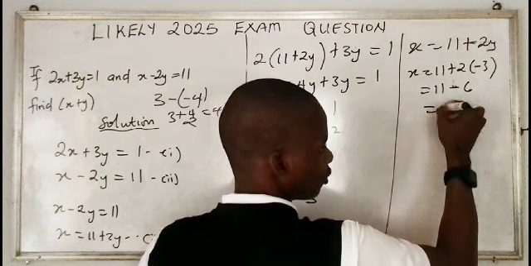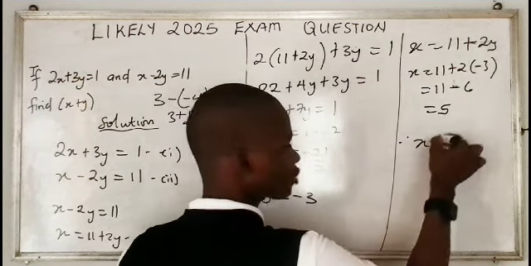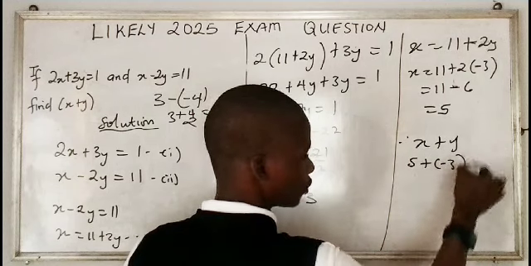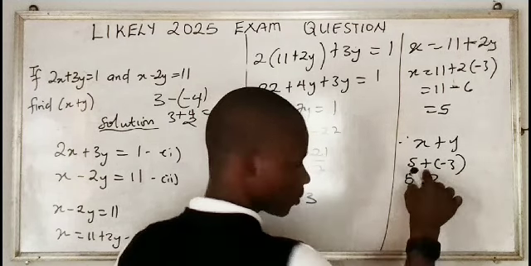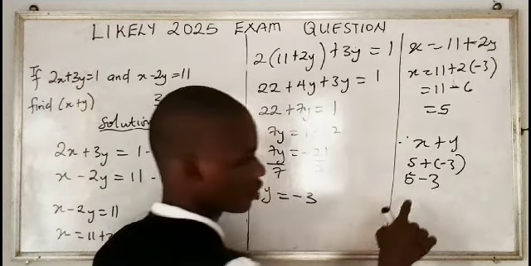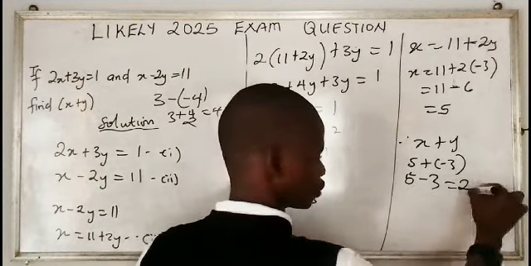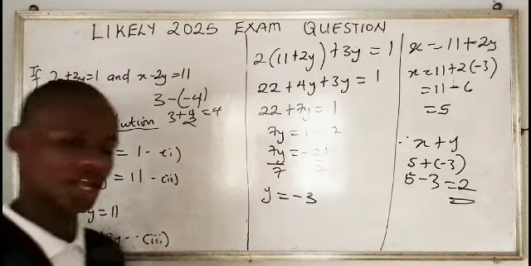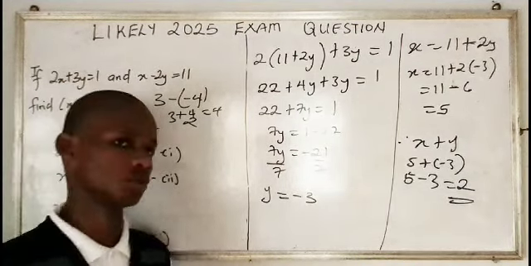So that will give me what? 5. Therefore, remember we were asked to look for x plus y. So x is what? 5. Plus y is what? Minus 3. So 5 minus 3, because plus times minus is minus. So 5 minus 3 is equal to what? 2. So this is how to resolve simultaneous equations, either with the elimination method or the substitution method.